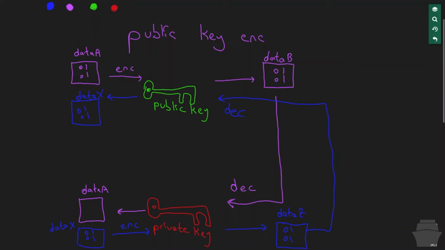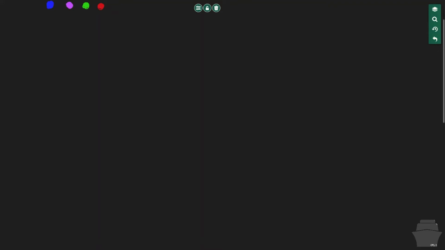So, how do the client and server use this public key encryption method? Let's look at this. Well, we must have a server and a client, right? And here is our beautiful server, and this will be the client. Okay, I'm going to give them names. This is the client and the server.